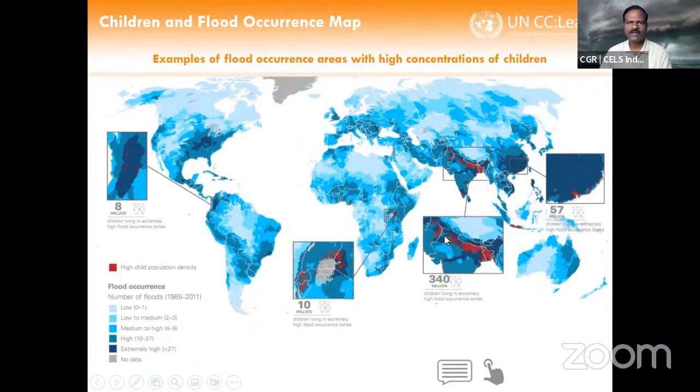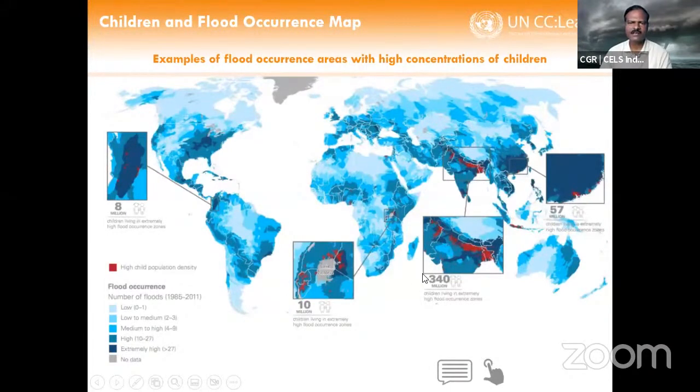Let us say in North India, the Gangetic Plain, we have more children, including in Bangladesh, as you can see. And around that, you can see the very dark blue color. It means these are flood-affected areas and there are more children already existing. In this area alone, 340 million children would be affected.